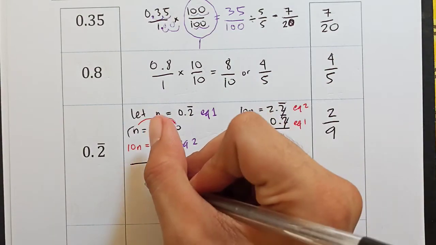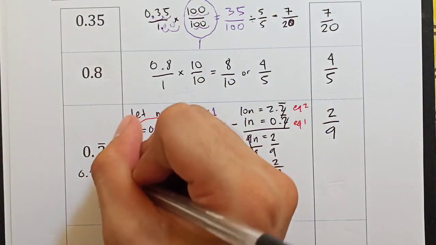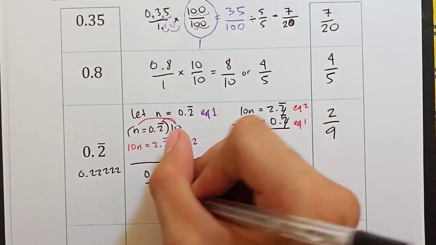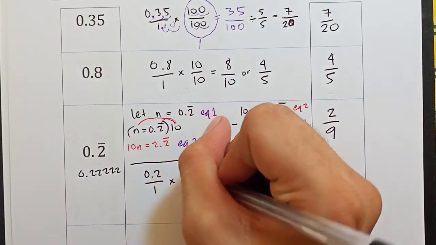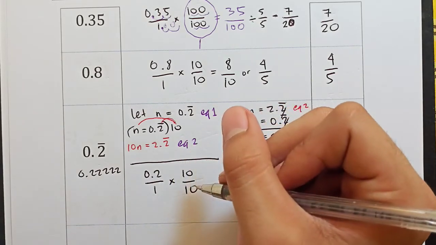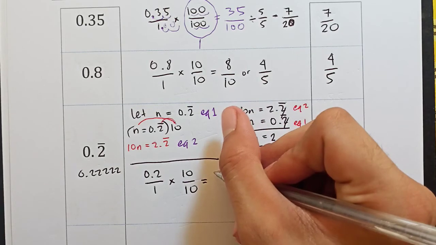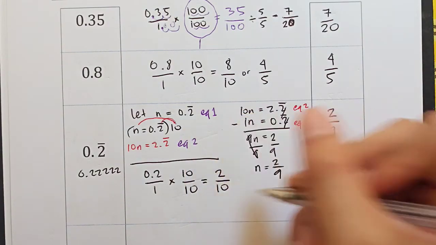Ganun pa rin. 0.2 muna. Alam natin to 0.2 bar ay 0.2222. Pero mamaya natin siya intindihin. Gawin muna siya 0.2 over 1. Then, para matanggal yung decimal, multiply natin by 10 over 10. Then, 0.2 times 10 is 2 and 2 over 10.